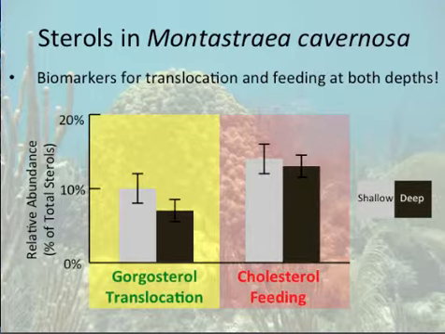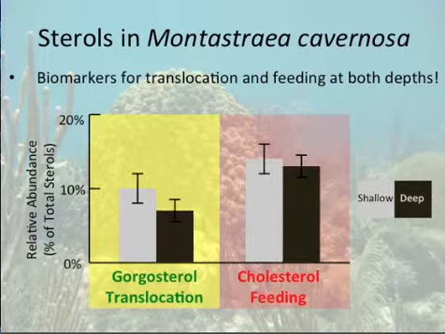So that's a biomarker for translocation that I'm seeing in both habitats. The biomarker for feeding, cholesterol, is also seen in both habitats. So this tells us that there is translocation and feeding going on in shallow habitats and in deep habitats.